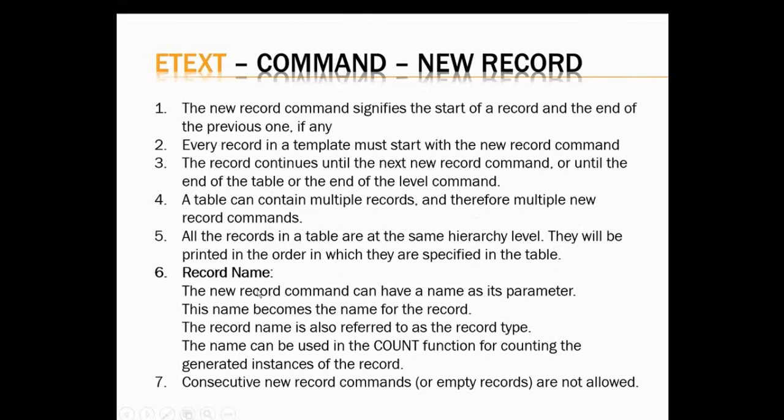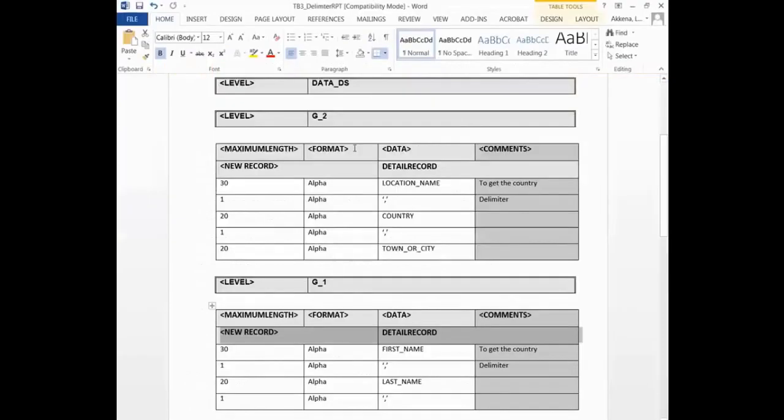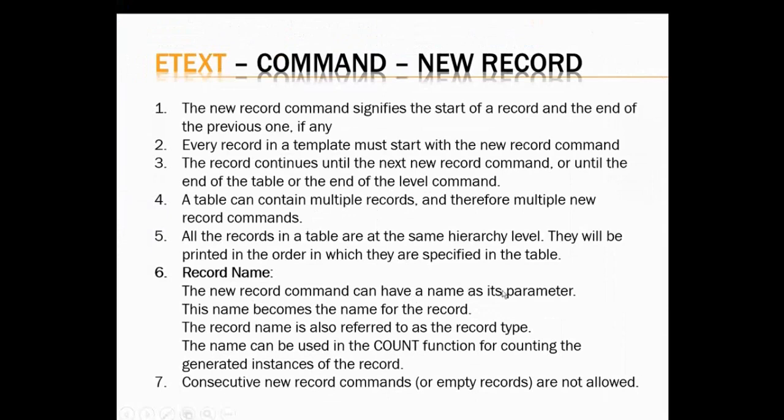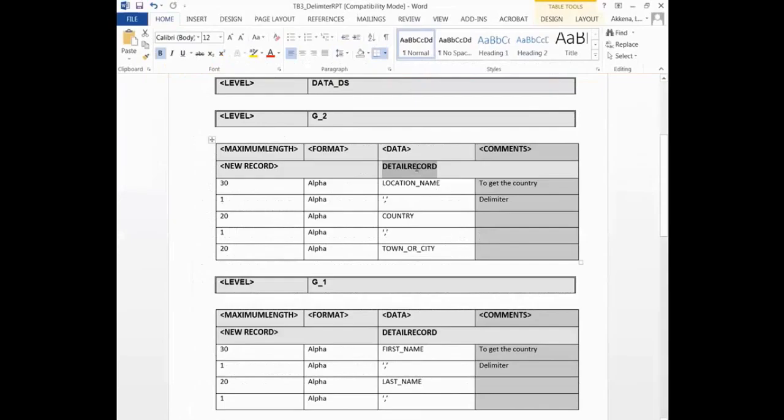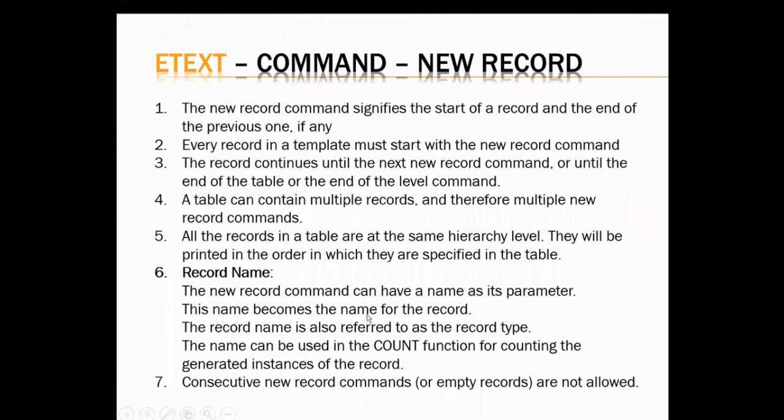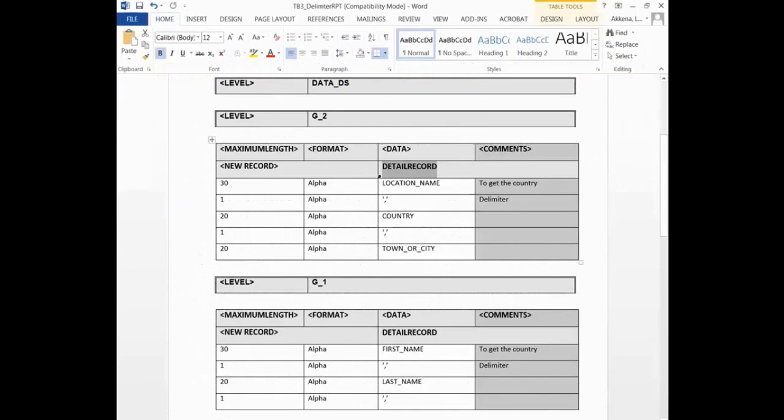Okay. So the record name can have a name as its parameter. It can be any name, that's not a problem, and this name becomes the name for the record. For example, at the count level 1, if you want the count of all the detailed records, I can write like this, saying that I want the count of all these detailed records.